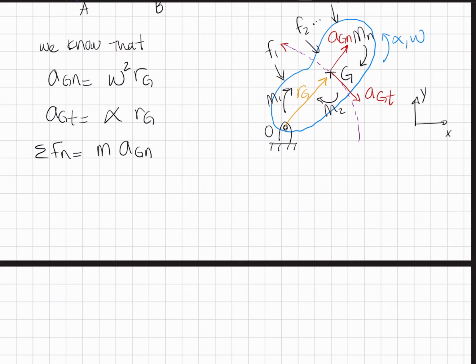That is the fundamental relationship for the force and acceleration method. AG of n can be plugged in, so that's the plug-in. Then we could say, what are the sum of forces in the tangential direction? These are mass AG of t. And of course, AG of t could be plugged in as well.